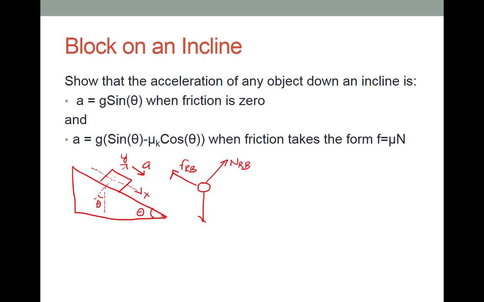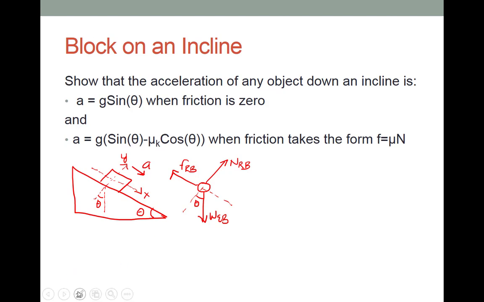And then the last force I have is the block's weight, which points along neither axis. But because I know that this angle theta is there, I can make this angle theta here.